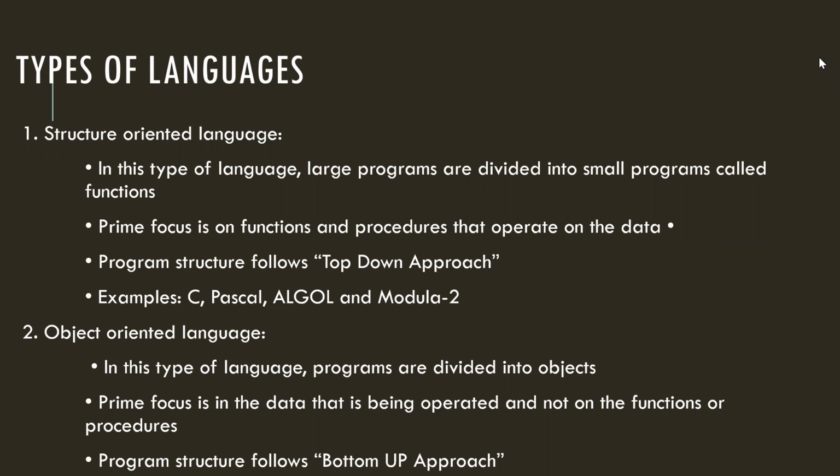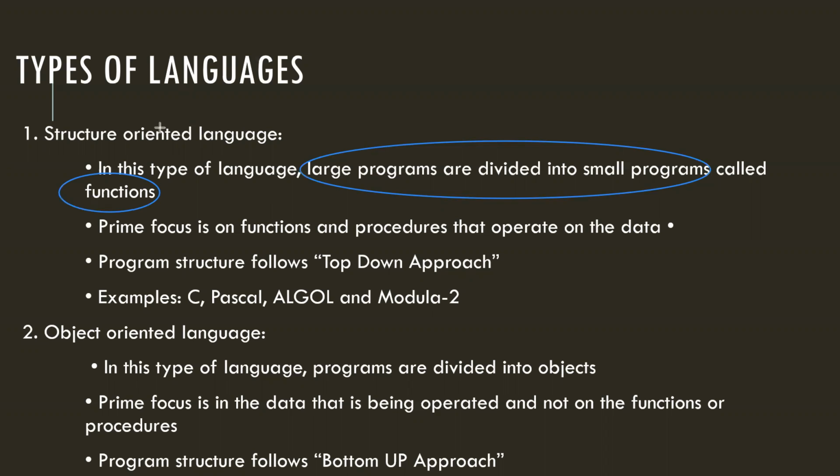So you have just heard your classmate define the two types of programming languages. From the word structure, you are talking about large programs being divided into smaller programs called functions. You will later on learn that functions are actually small programs.